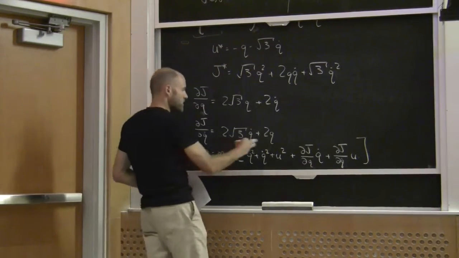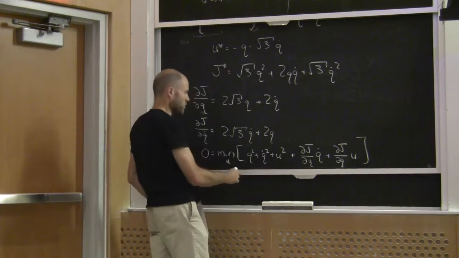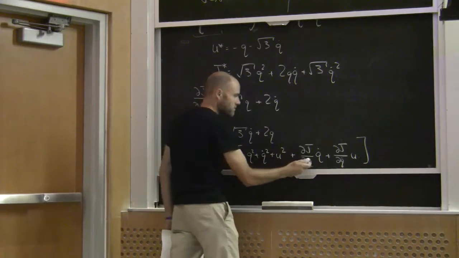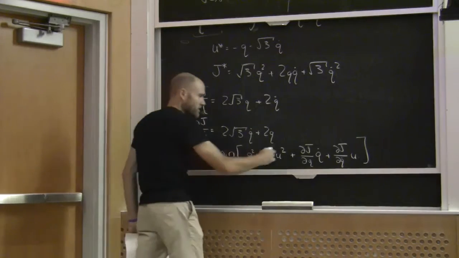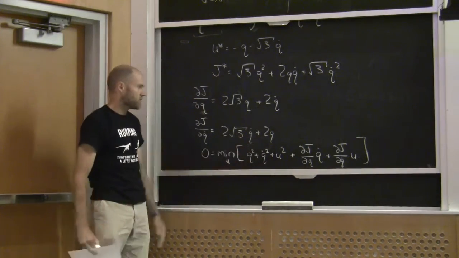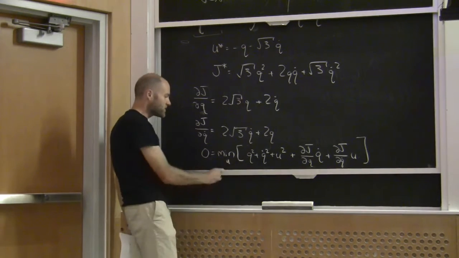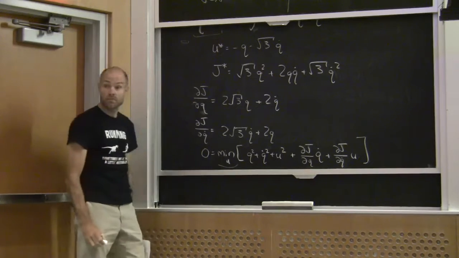If I pop this in, I've got just a big equation that looks kind of scary, with q's and q dots flying all over. But it's actually a pretty simple function of u.